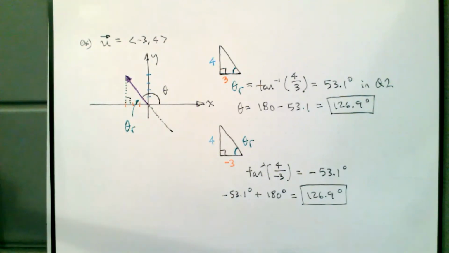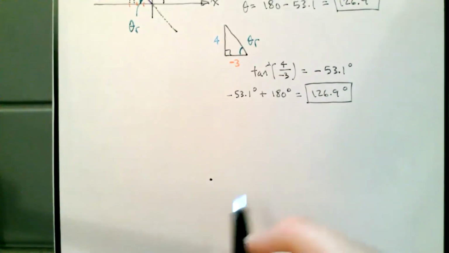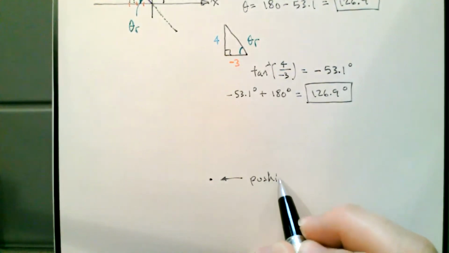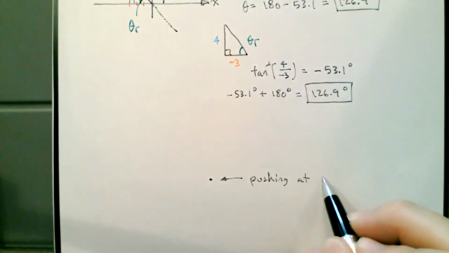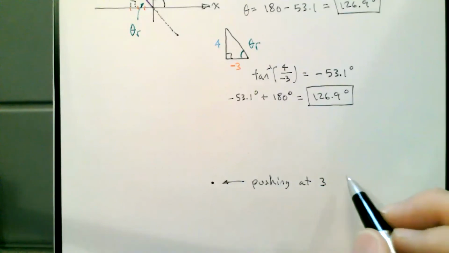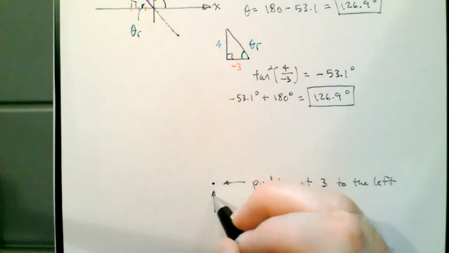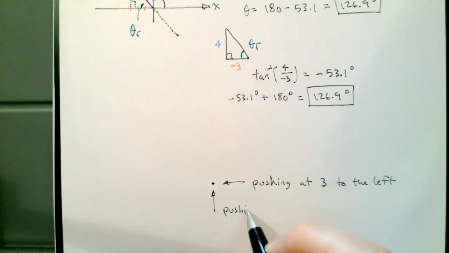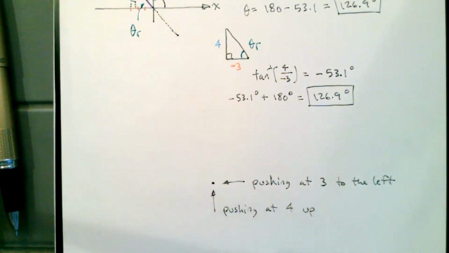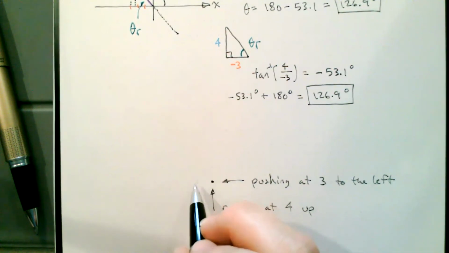So for example, if one person is pushing on an object at 3 units horizontally to the left, and someone else is pushing this object 4 units up, then we just make a component vector of moving 3 units to the left.